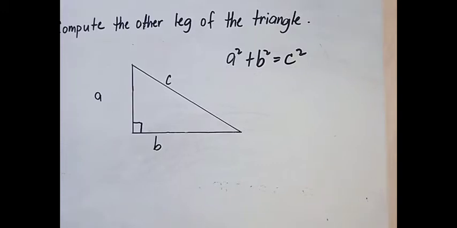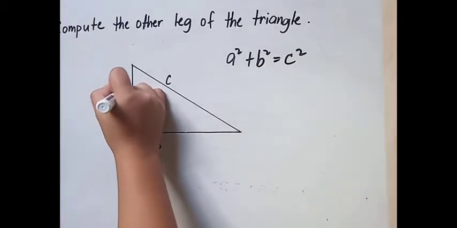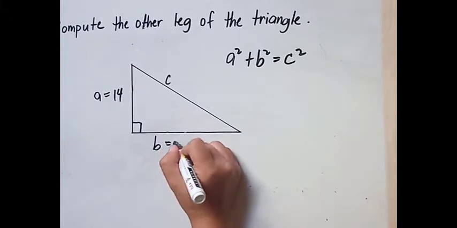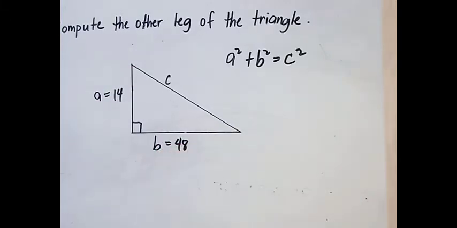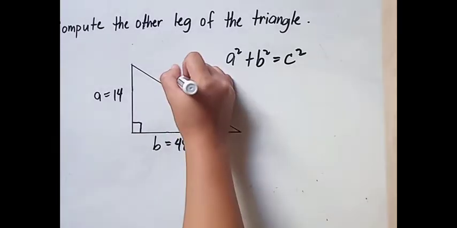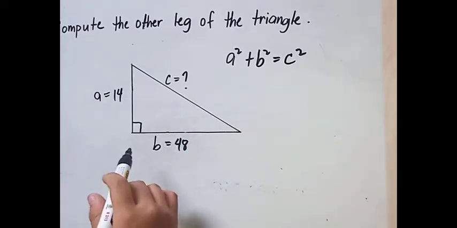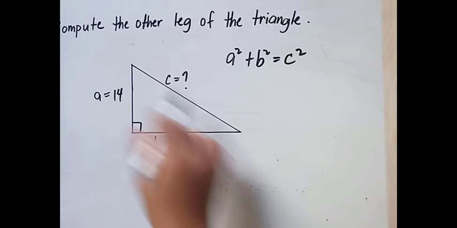For example, the given measurement of A is 14 and B is 48, and C, which is the hypotenuse, is missing. So using this formula, let us find the measurement of side C.